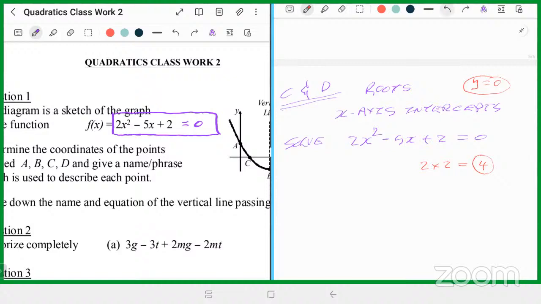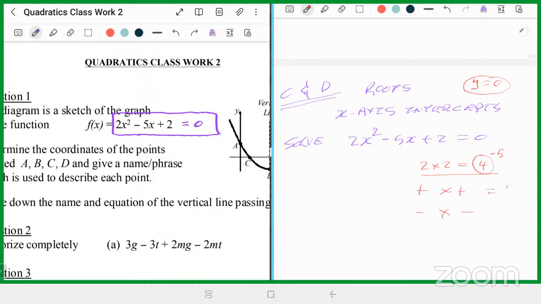We want factors of 4 that add to -5. So let's focus now. Some person might say, okay, how come we have 4? I want factors of 4 that add to -5. Remember, this 4 right now is a positive value. And factors of a positive value are either 2 positive values or 2 negative values you multiply.